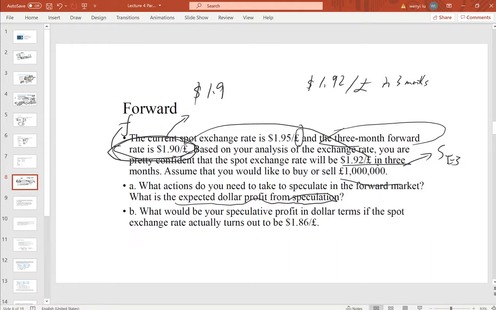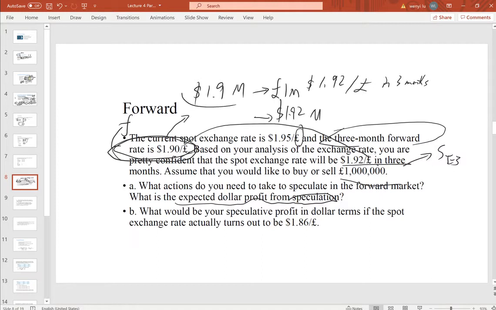So you spend $1.9 million to buy a million pounds. And you can directly sell this 1 million pounds in the real market for $1.92 million.